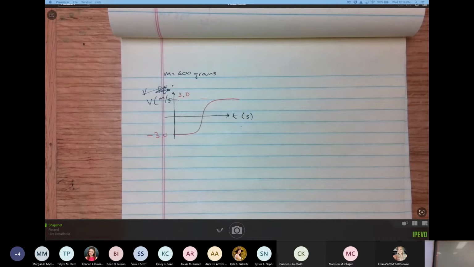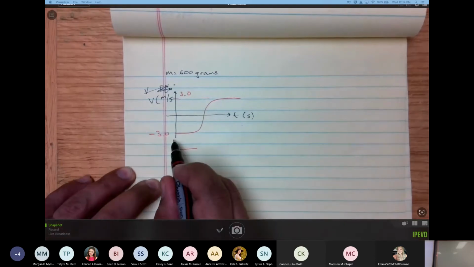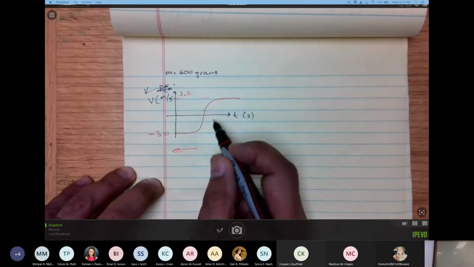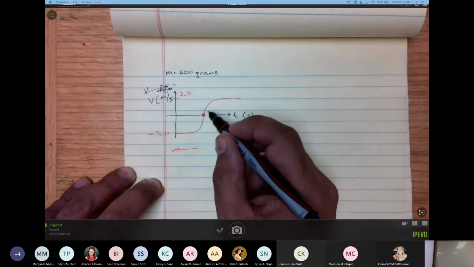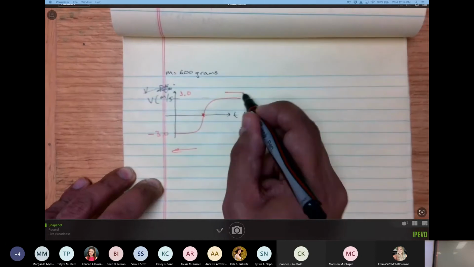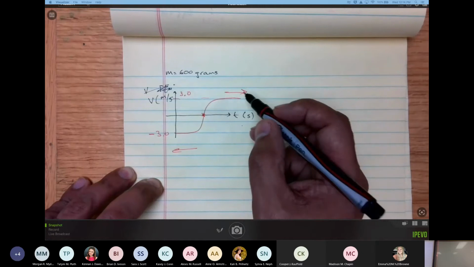So what we have here is that it's moving towards the left at a velocity of 3 meters per second, and then goes through a velocity of 0 right here, and then it's going to be moving to the right at a velocity of 3.0 meters per second. Okay, so these give you the initial velocity and the final velocity.